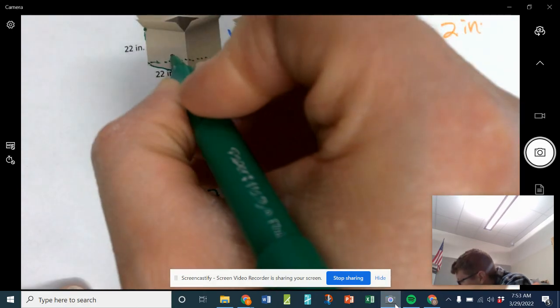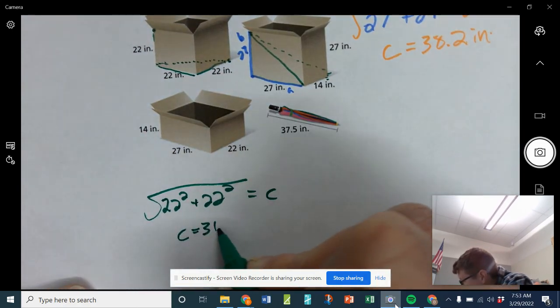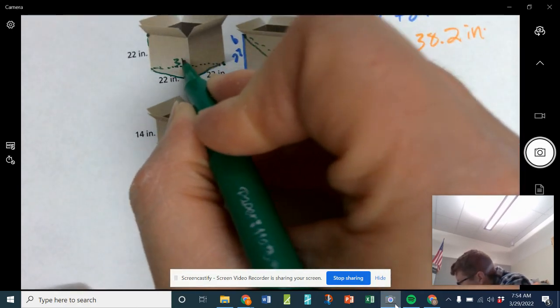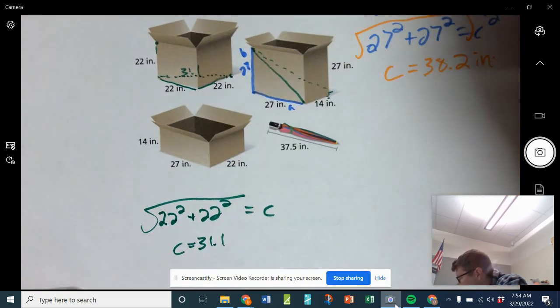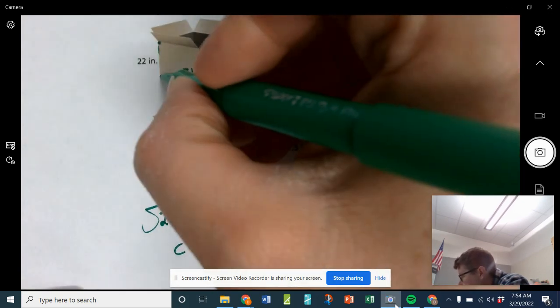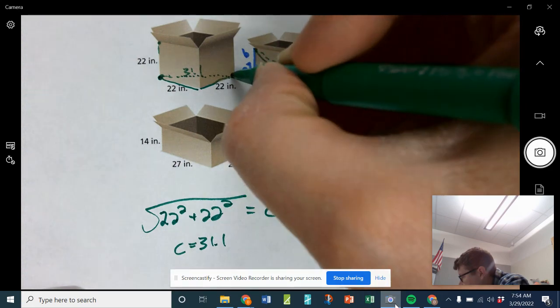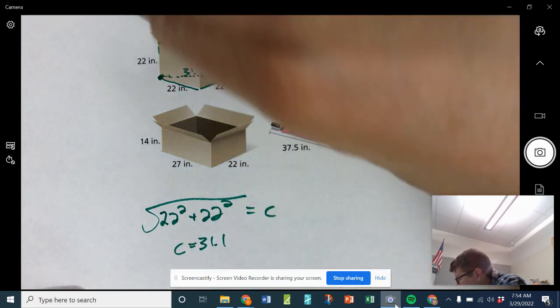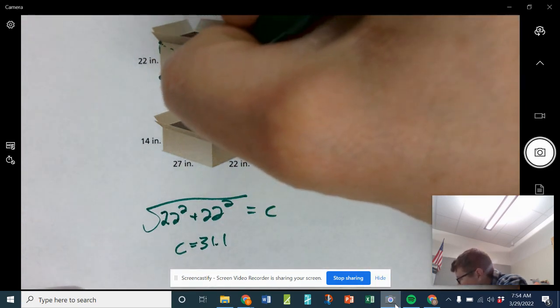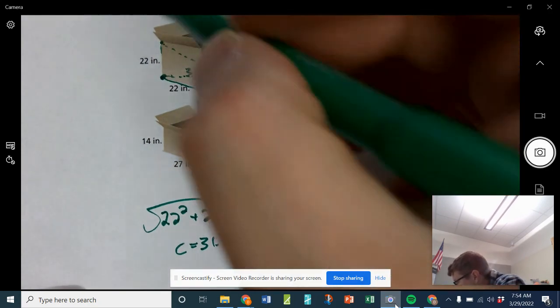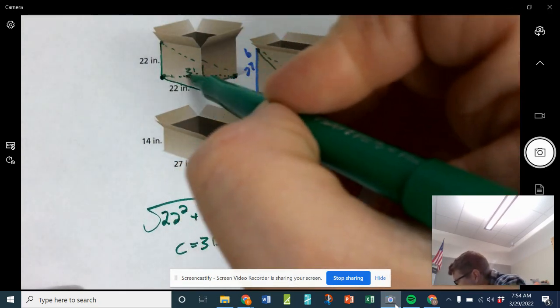So we're going to do multiple iterations of the equation. The diagonal from this corner to that corner is 31.1. Now we can figure out the interior cross diagonal going from here to here.